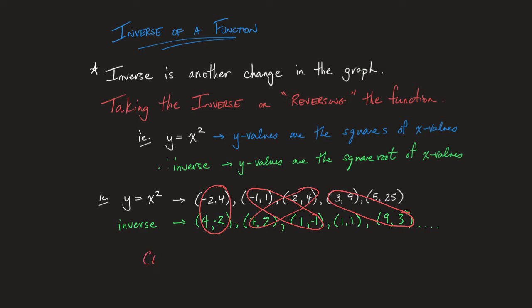I'm hoping that we can see that our coordinates, when we take an inverse, are swapped. We would technically say they're interchanged. So if it makes a little bit of sense that we're going to look at it from a different perspective, then really what was dependent is now independent, and what was independent is now dependent.